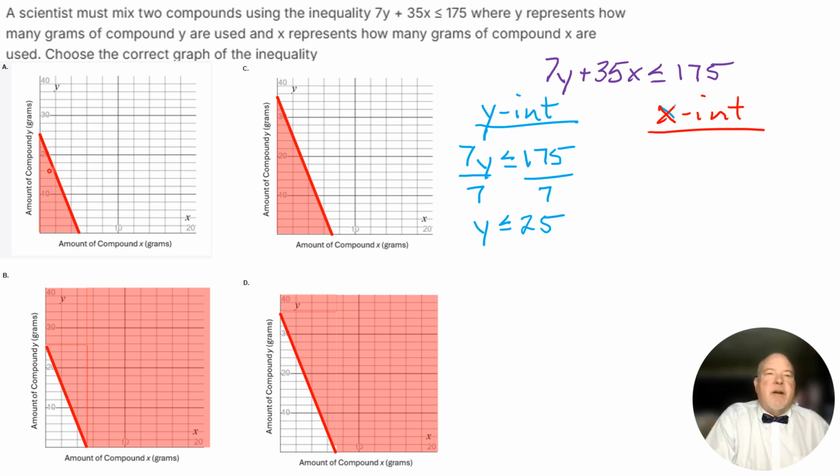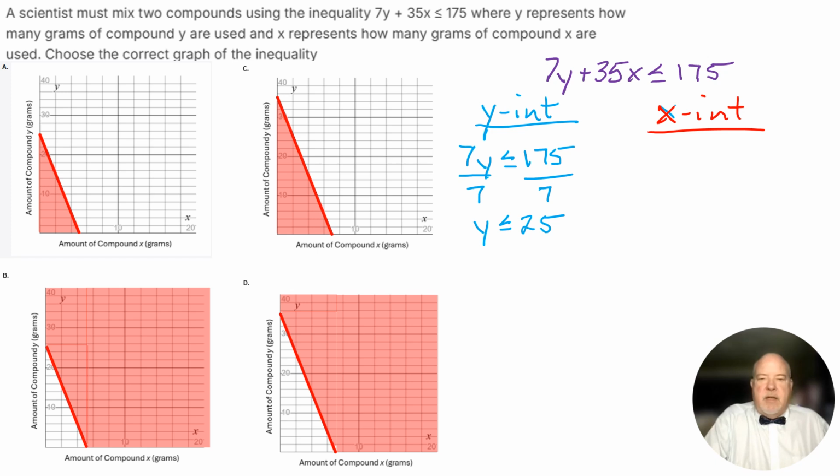So if I go and look at my graphs, this y-intercept looks like it's right between 20 and 30, so 25 looks about right. Whereas this one, I look and it's over 30. So it's definitely not C or D. The answer is going to be A or B. But just to be safe, let's check the x-intercept too.